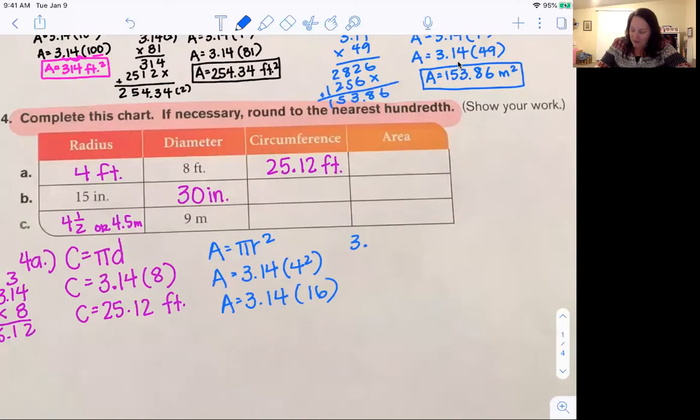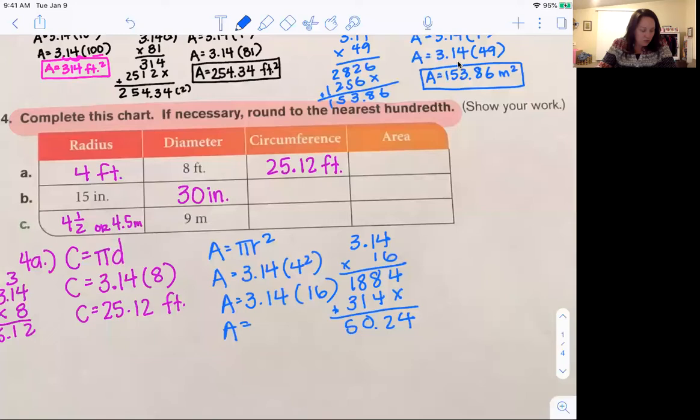I'm going to multiply here, but I'm going to be quiet, and we're going to check each other's when we're done. Check yours.